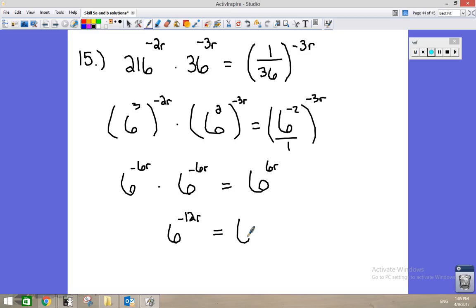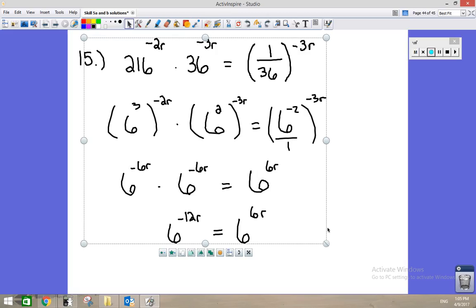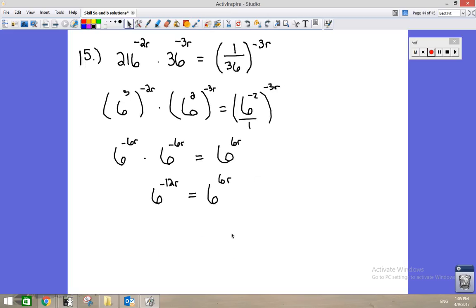And the fact that exponential functions are one-to-one functions, if the numbers are the same and the base is the same, then we can set these exponents equal to each other. Subtract 6r from both sides, and you see that r is equal to 0.